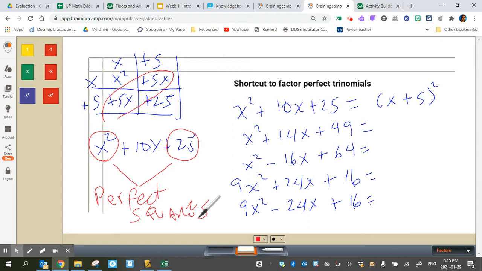Now notice too that the last term is always positive. We know it's always positive because when we multiply a number by itself, it doesn't matter if the number is positive or negative, the outcome is positive. So this number is always positive.